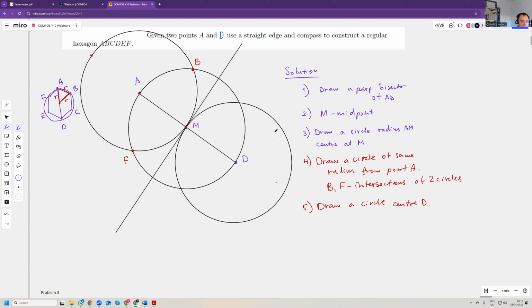And we get points C and E. Obtain C and E. And that's your hexagon. Okay? I'm just going to do it with a color. All right.